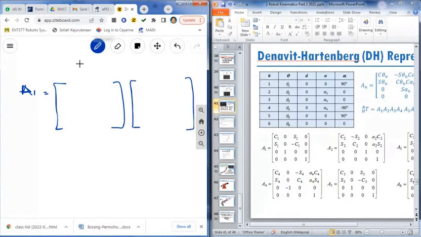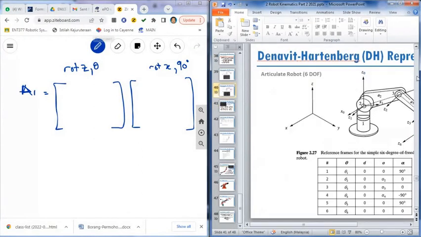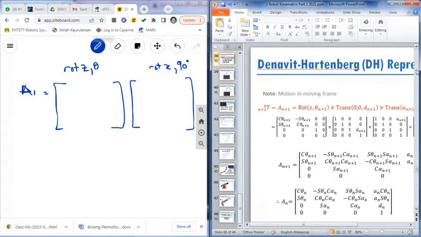This one is theta 1. This is rotate Z. This one is rotate X. So what is rotate Z theta? I need to go back to rotate Z.